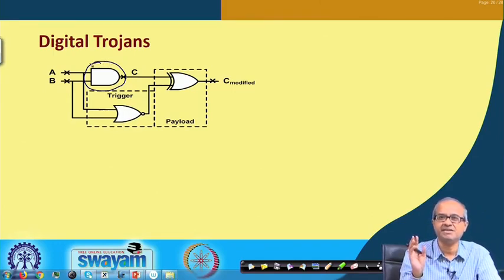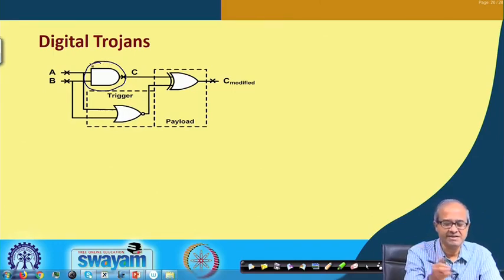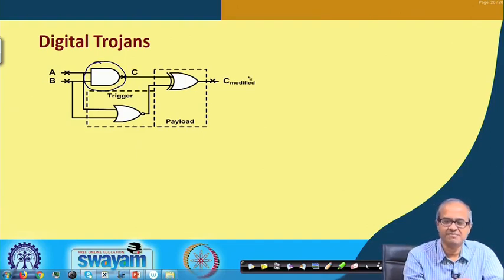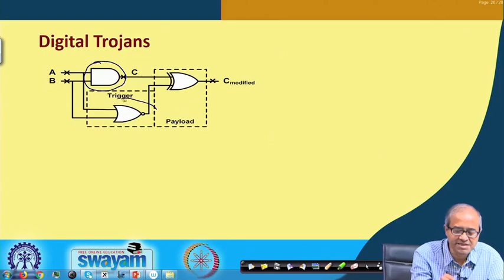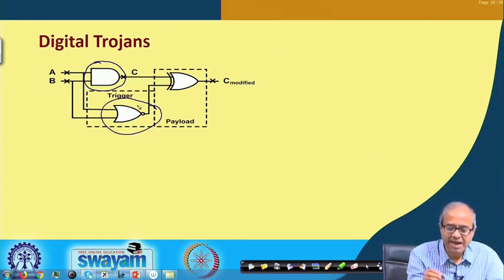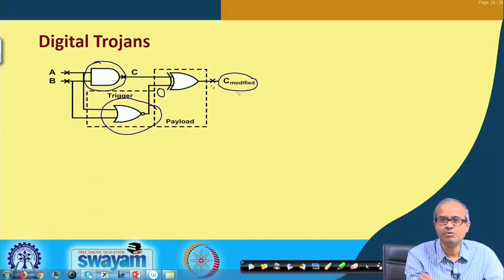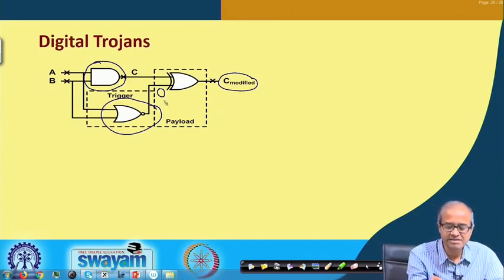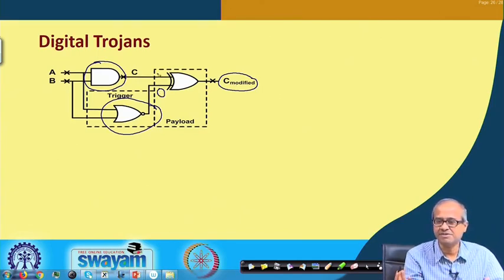I am taking a very trivial example, a simple AND gate, A and B and C, this was my original function, and this is a malicious circuit which got inserted. As long as this output is 0, C and C modified will be the same, no change. So, we will not find any behavior, but as soon as this becomes 1, C modified and C become different and something may start to happen.